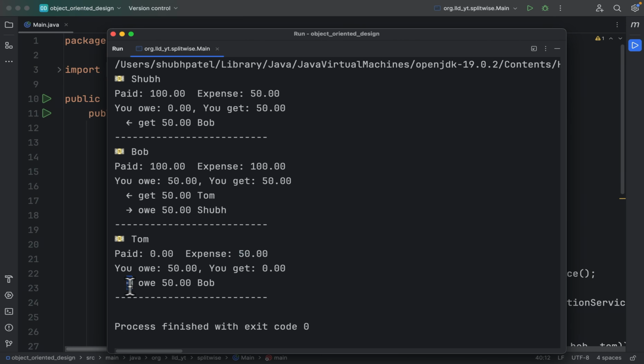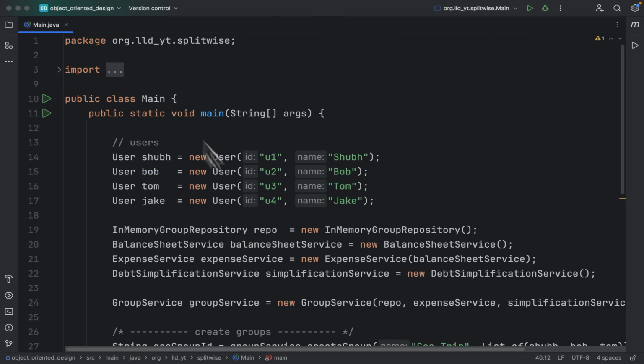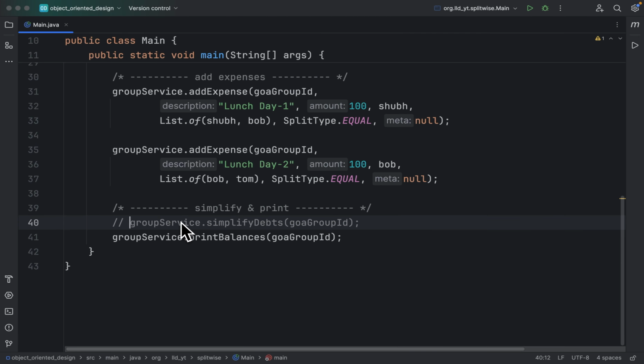Okay. And Tom is basically going to give Bob $50 because of lunch day two. So this is how the balance sheet of all the users would look when we have not turned on the simplification debt feature. Now, if I turn on this feature, let's see the output.